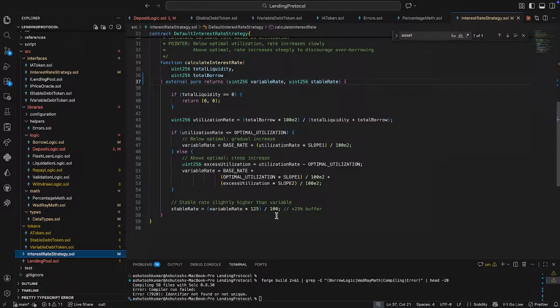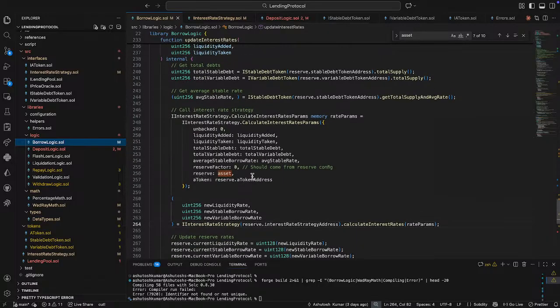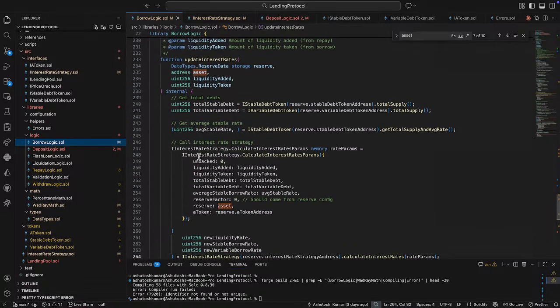It uses the curve. Total supply of variable token, total supply of debt token, and E token.